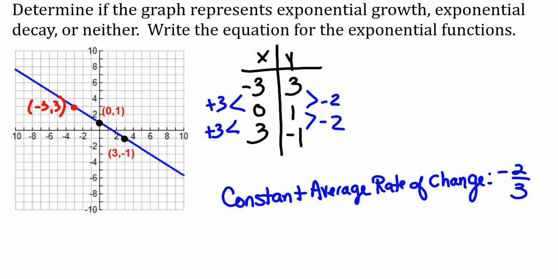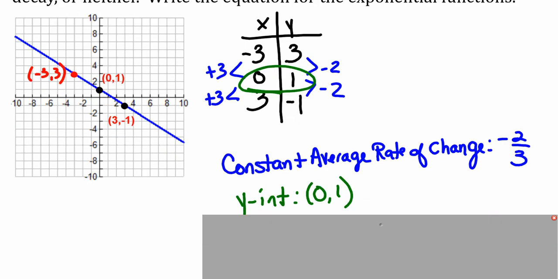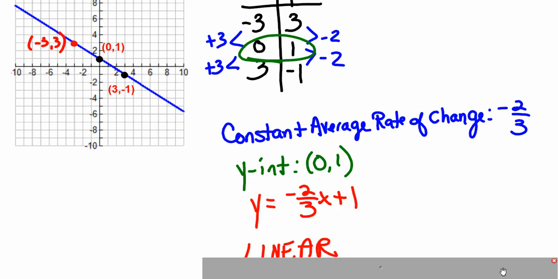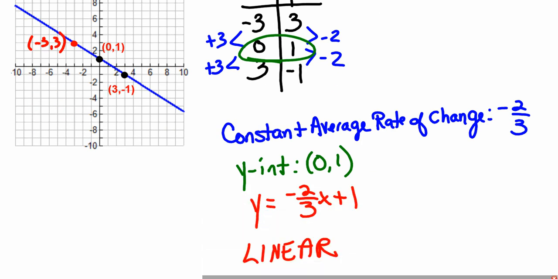So our rate of change, the slope, is negative 2/3. Visually, you also can see you're going down 2 units and to the right 3. We've talked about the y-intercept, and if we put them together, our equation would be y equals negative 2/3 x plus 1. You also could write it as 1 minus 2/3 x for your linear equation.